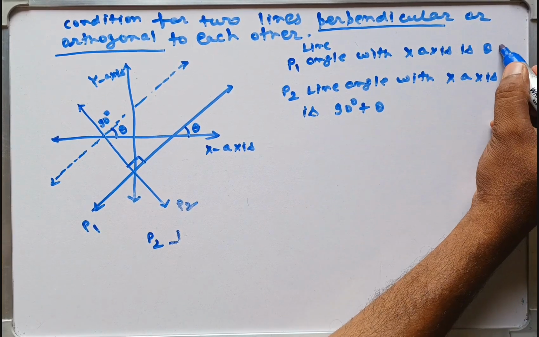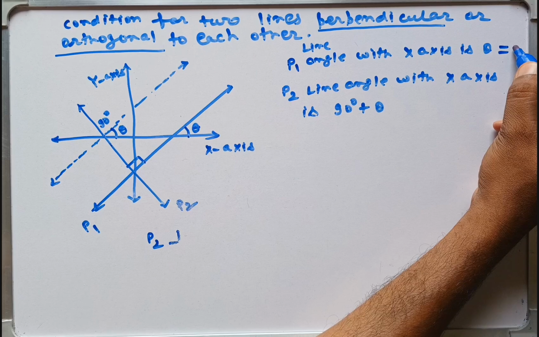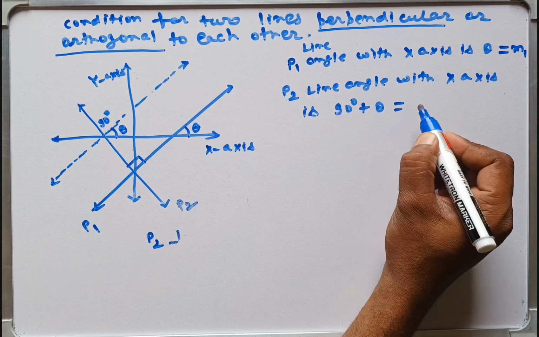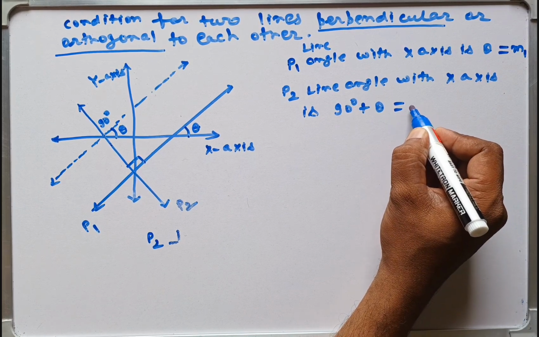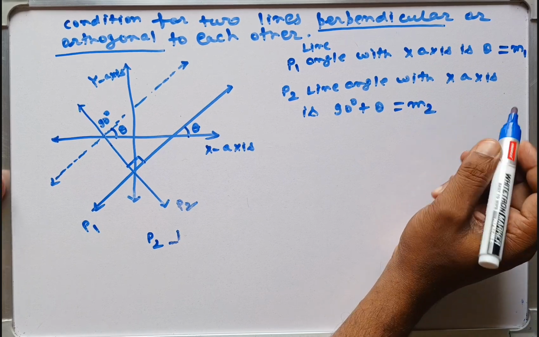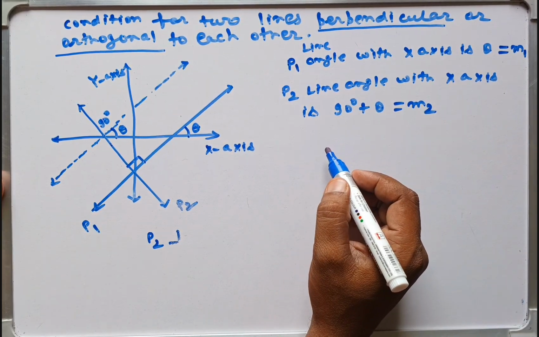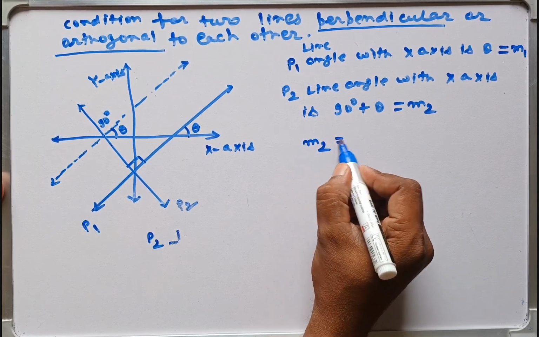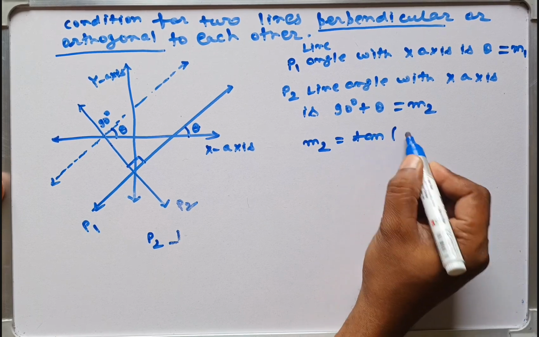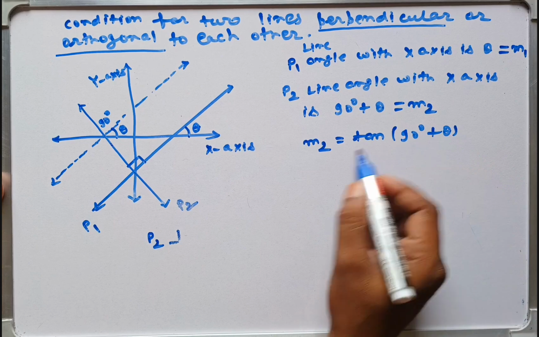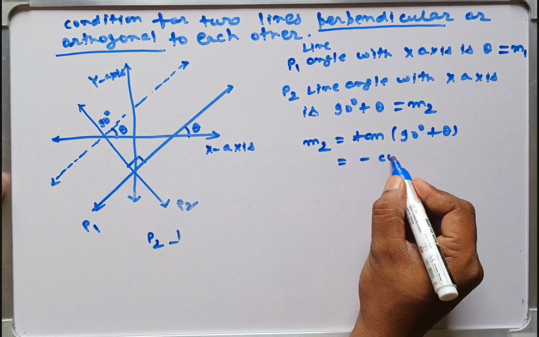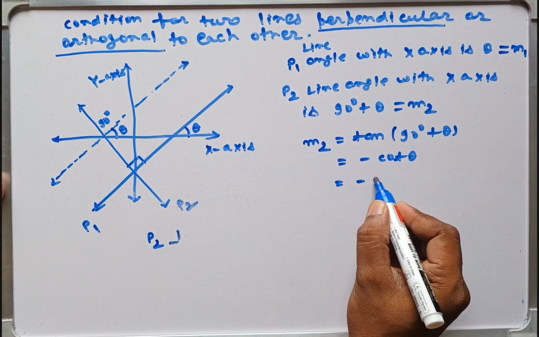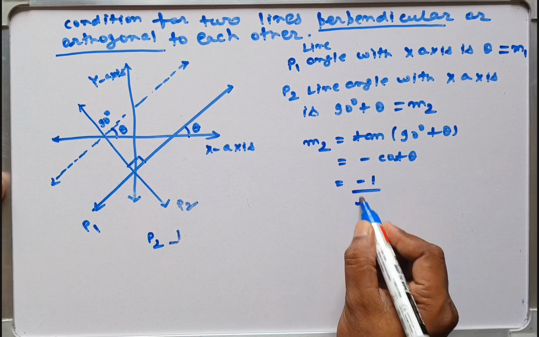If this one has a numerical value of slope m1 and this one has a numerical value of slope m2, then the value of m2 is equal to tan of 90 degrees plus theta, which will come out as minus cot theta, and you can write cot theta equal to 1 by tan theta.